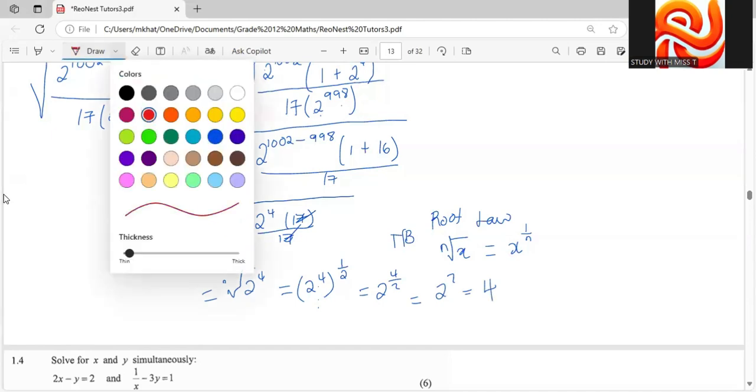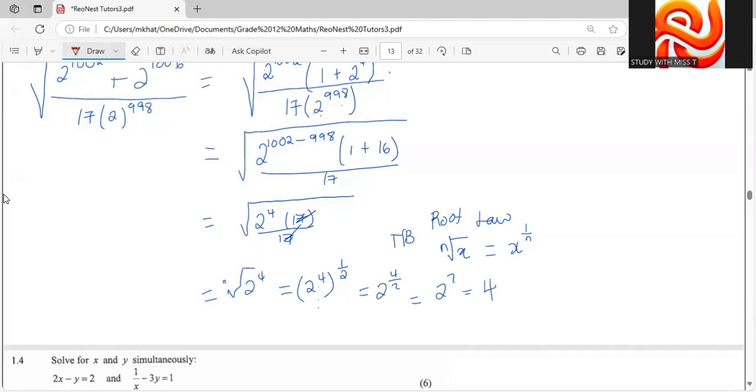So you're going to get marked for factoring out the common factor and the other common factor in the final part. And also for simplifying so that you can get your 4 marks.